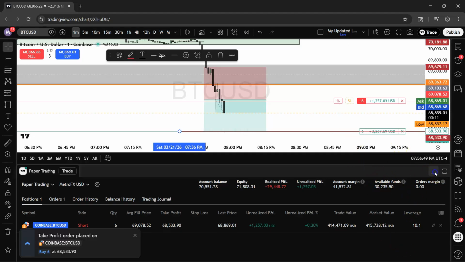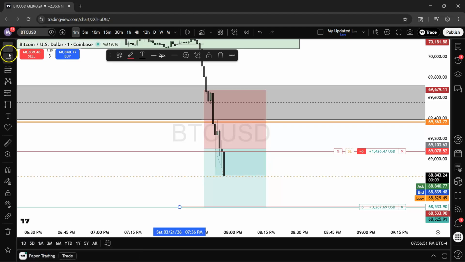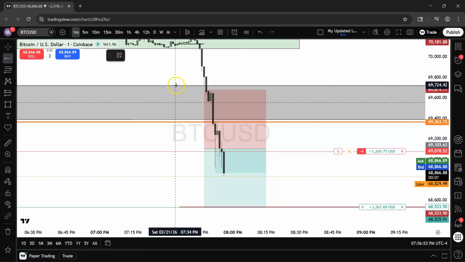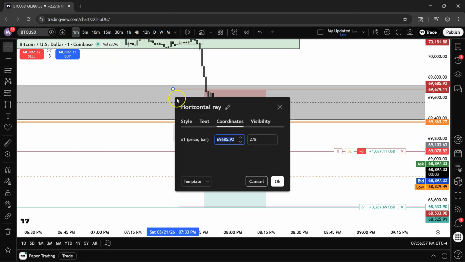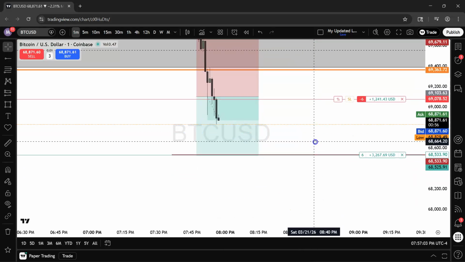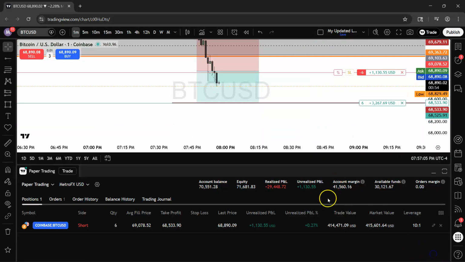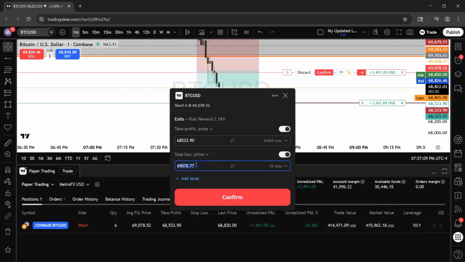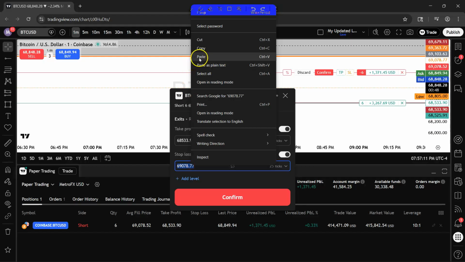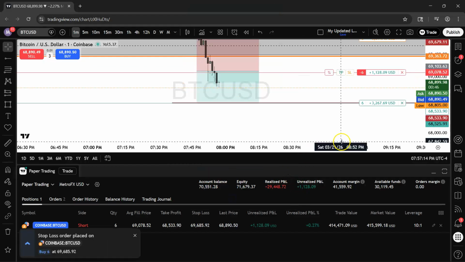Now, like I said in a previous video, you want to protect your money, right? So you want to make sure you set a stop loss. If I put the line there, copy the coordinates, and place the coordinates into the account, that lets them know to stop me out if the market reverses and goes the opposite direction.